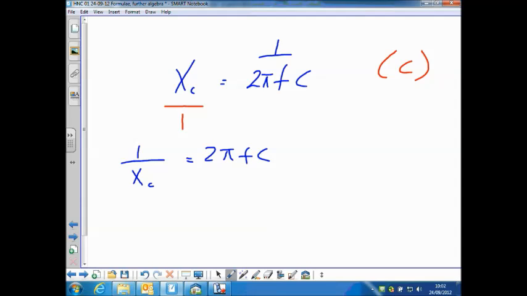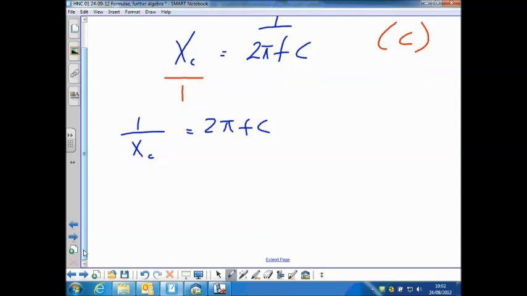I have inverted both sides to do that. Now I ask myself the question, how do I get c on its own? I divide both sides by 2 pi f. So I've got 1 over xc 2 pi f equals c. And I've rearranged that formula for c.